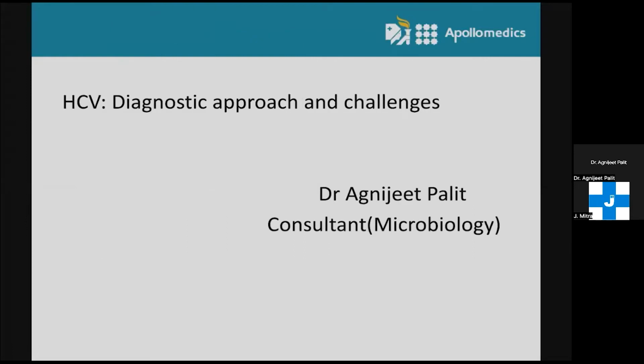So to begin with, hepatitis C is a positive stranded enveloped RNA virus belonging to the family Flaviviridae. In fact, it is the only member of the genus Hepacivirus in the Flaviviridae family.